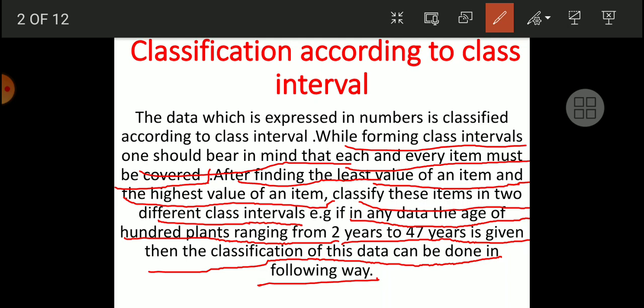In our data we have counted the age of each and every plant, and we found that the lowest age out of that 100 is 2 years, and the highest age is 47 years.